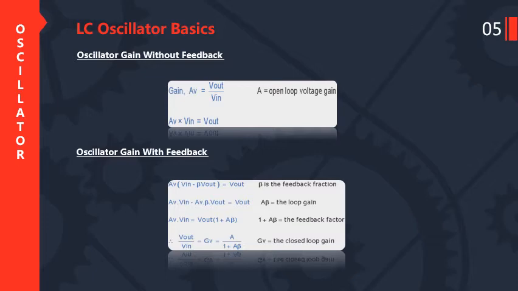So AV times Vin is equal to Vout times (1 plus A times beta). 1 plus A times beta is called the feedback factor. So finally Vout by Vin is equal to GV, which is A upon 1 plus A times beta, where GV is called the closed loop gain.